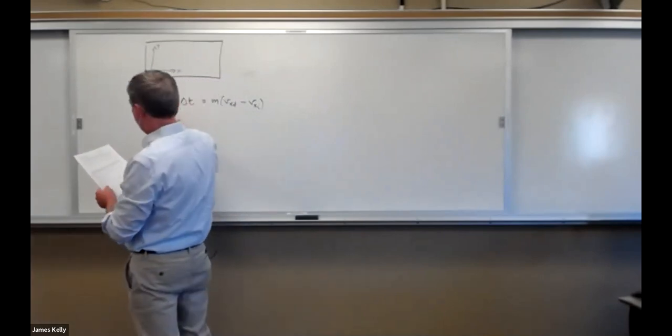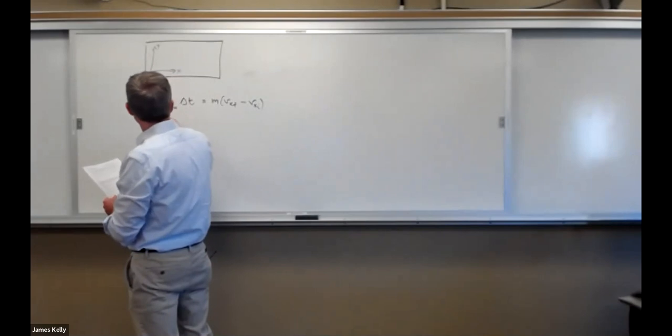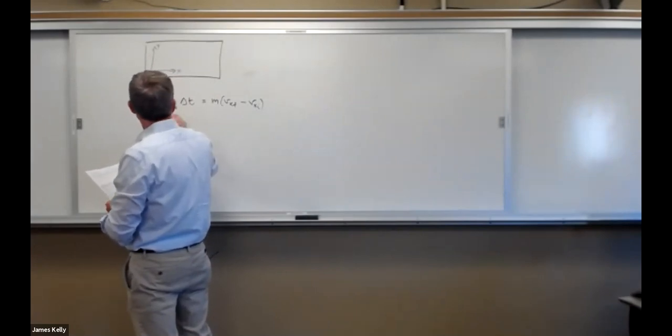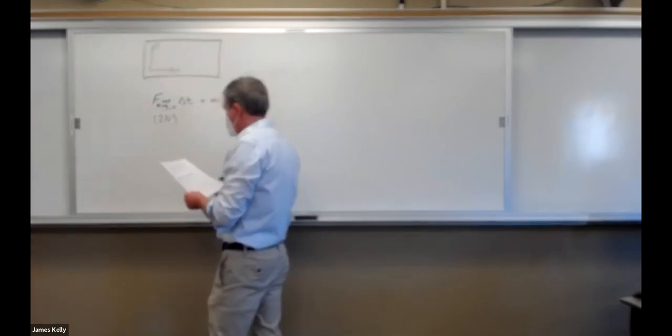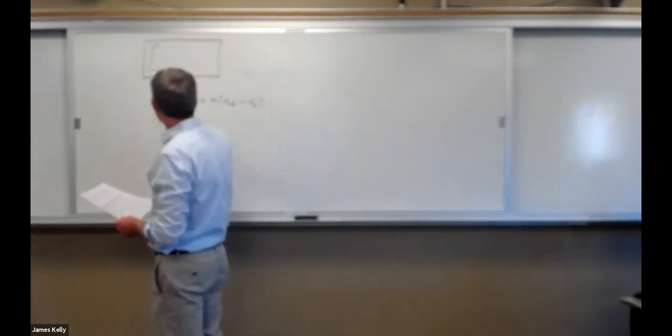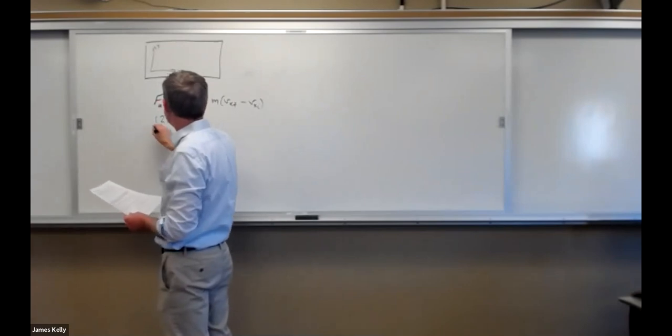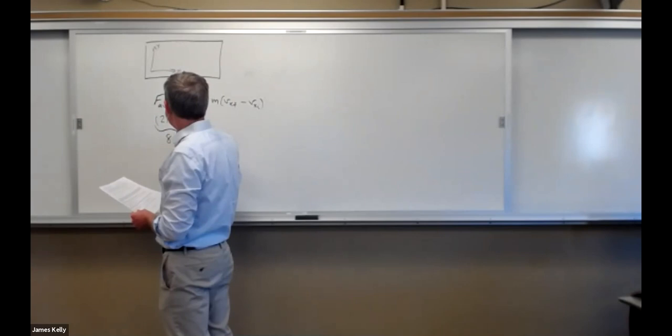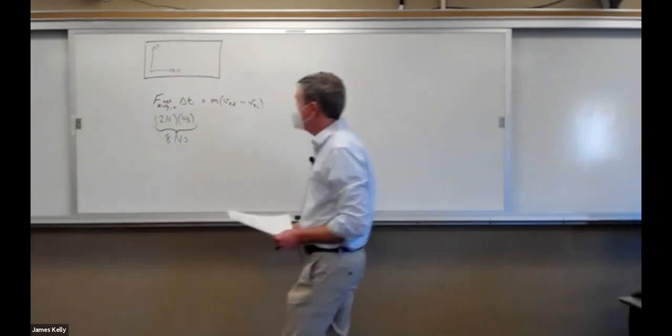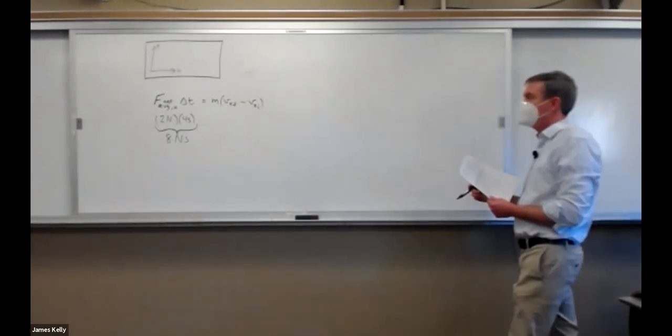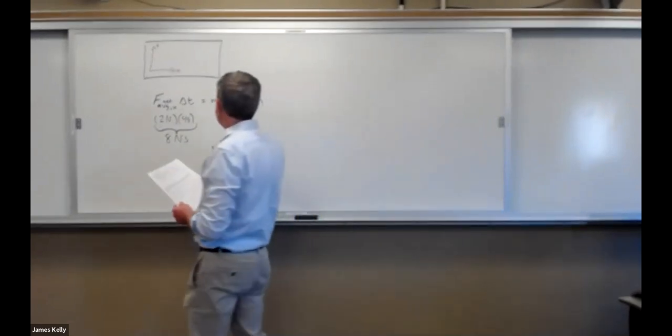So if we're doing X components here, this would be a 2 Newton force. And the amount of time it acts for is 4 seconds, if you read the text carefully. So this would be an impulse X component of 8 Newton seconds. That's one of the allowed units for impulse.